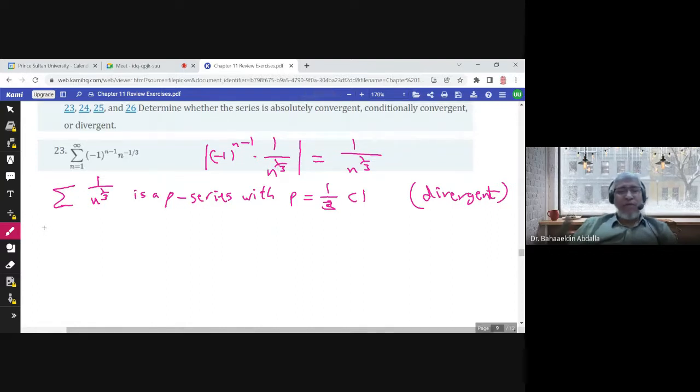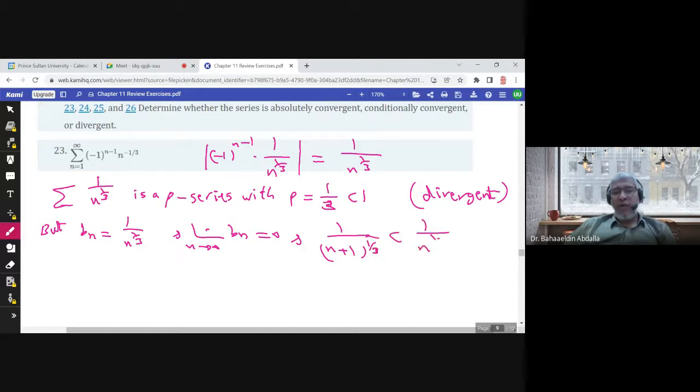But let us now use the alternating series test. b_n is 1 over n to the power 1 over 3, and limit b_n when n goes to infinity is 0, and 1 over n plus 1 to the power 1 over 3 is less than 1 over n to the power 1 over 3 because n plus 1 is greater than n.